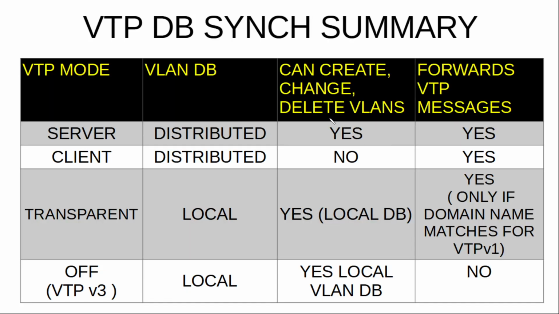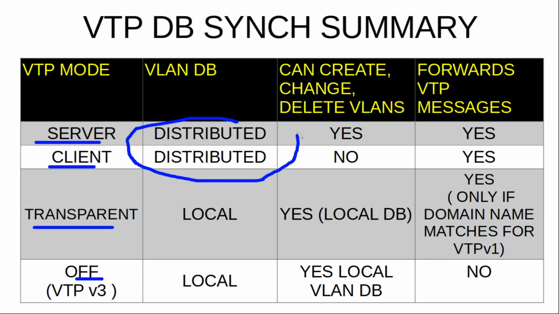Now, in this summary, I have listed the types of switches that will operate in a network where VTP is running. You will have VTP servers, VTP clients, and VTP switches operating in transparent or off mode. Your switches that operate in server and client mode are distributing their VLAN database and synchronizing their VLAN database with one another.